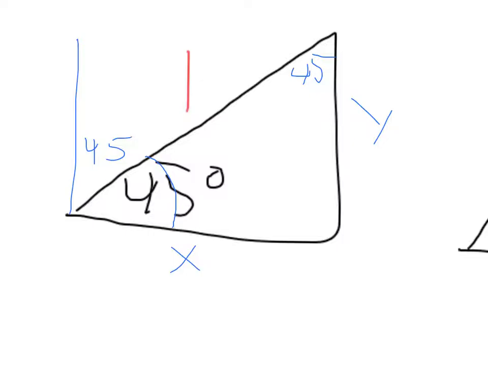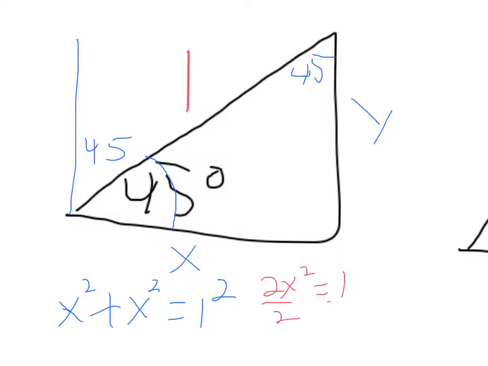Now you don't have to know exactly how to do this, but I'm going to show you how to get to the numbers. If you do the Pythagorean theorem, that's just a squared plus b squared equals c squared. Here I'm just going to say x twice, because they're the same. That equals 1 squared. And if you solve for x, you can figure out what the value is. x squared plus x squared is 2x squared equals just 1.